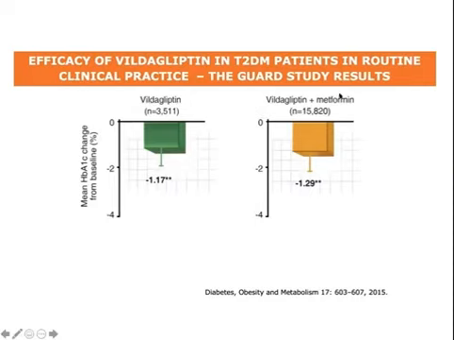And you can see these are very large numbers of people that we're looking at. And this is what you all can expect in the real world. And you see very nice drops in the A1C that are in the range of about 1.2 to 1.3. So in controlled trials, nice effect of vildagliptin plus metformin. In real world, hands-on clinical experience, very nice effects as well.